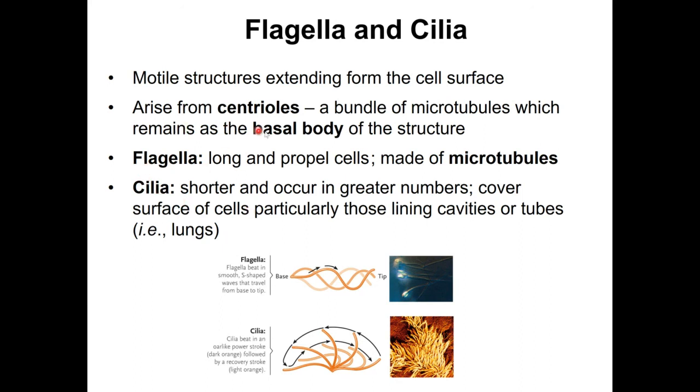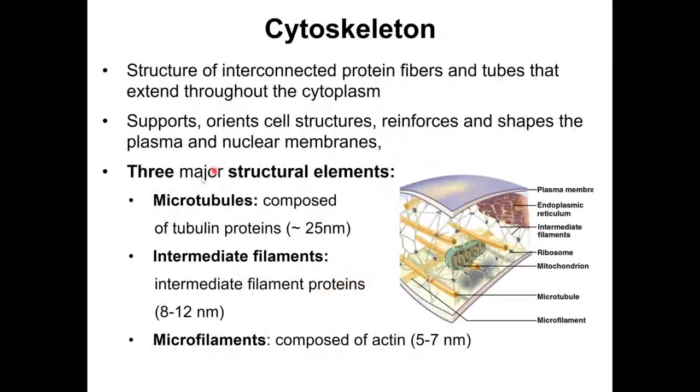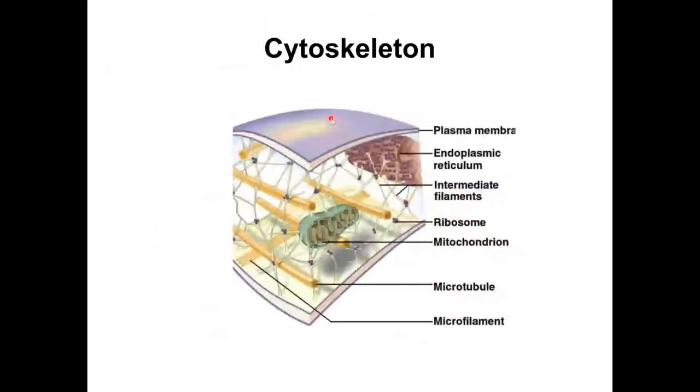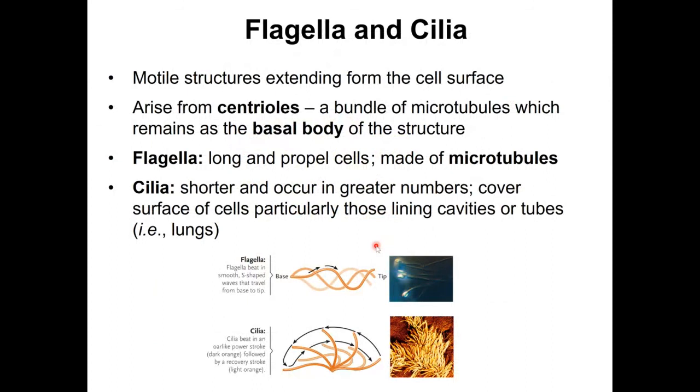Flagella are longer structures made by microtubules, the same component of the cytoskeleton, which can move in a wavy way. For example, sperm cells have very long flagella responsible for their movement. This movement is not only wavy, but also circular.